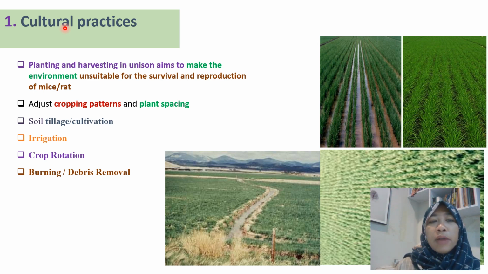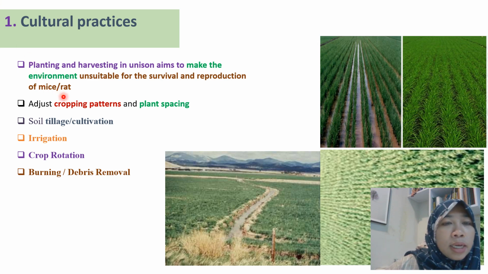It aims to make the environment unsuitable for the survival and reproduction of rats. So if we plant at the same time, we will harvest at the same time, and then there is no plant. After no plant, we can use gropiokan.